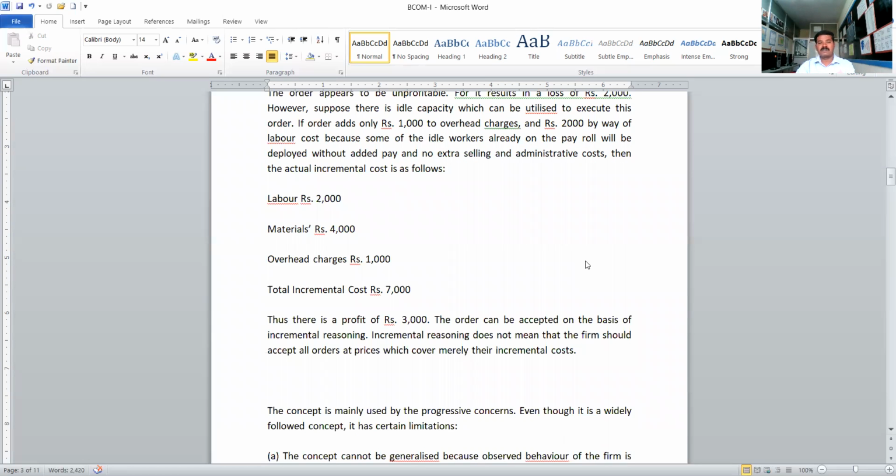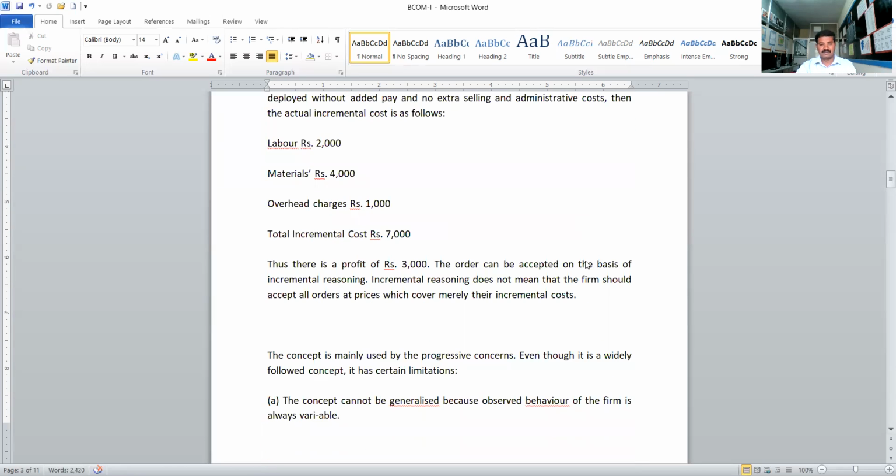Thus there is a profit of rupees 3,000. The order can be accepted on the basis of incremental reasoning.